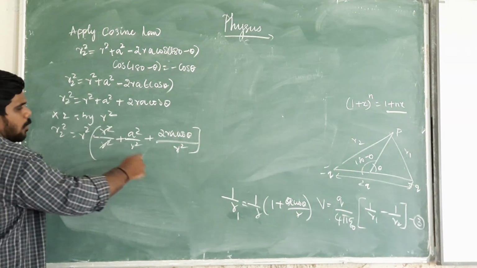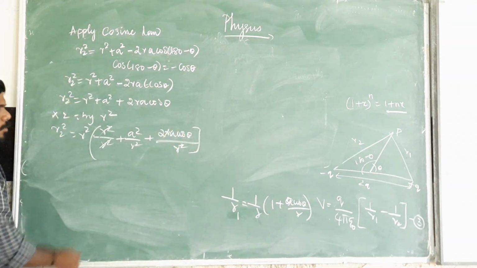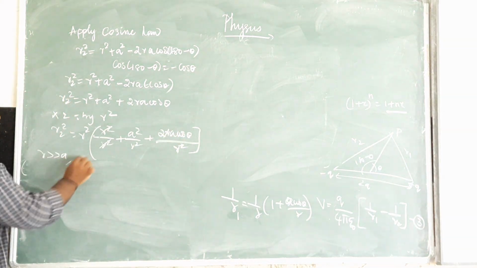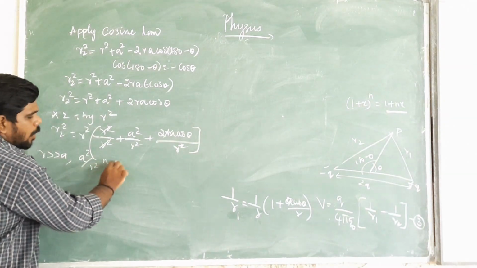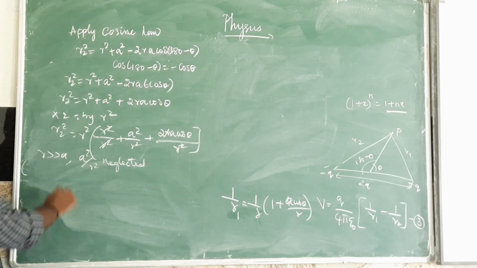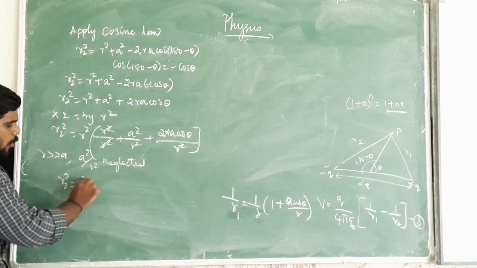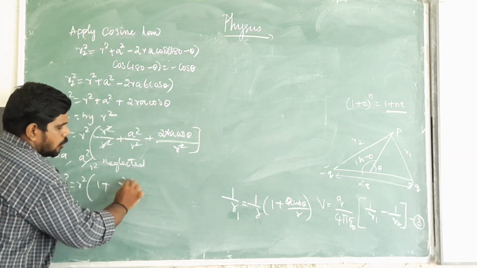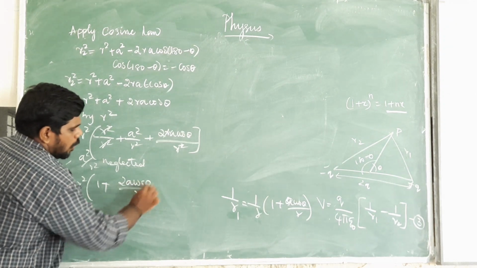Common terms cancel. Since R is greater than a, a square by R square is neglected. So R2 square is equal to R square into 1 plus 2a cos theta by R.